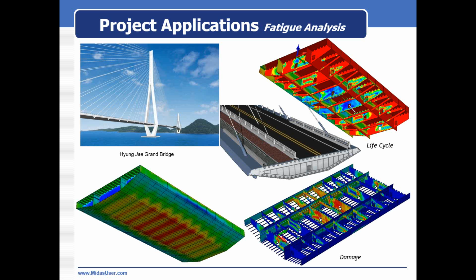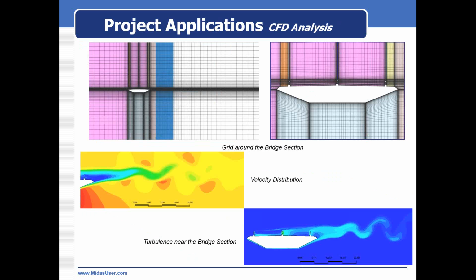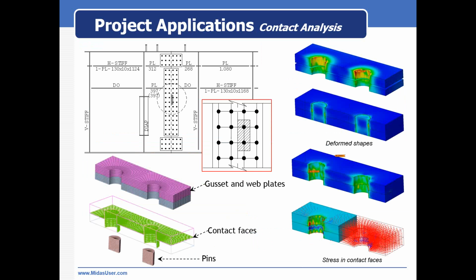For exact stresses due to fatigue and to see the exact member which is failing due to fatigue, we need to perform the analysis for fatigue itself, and that can be done in Midas FEA. This is a project application of CFD, and a project application of contact analysis. We'll see this in detail later on while discussing the analysis capabilities.